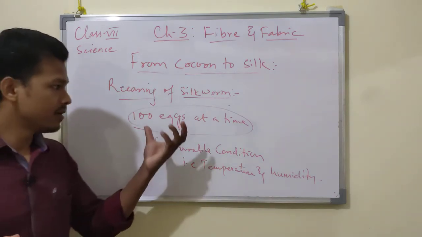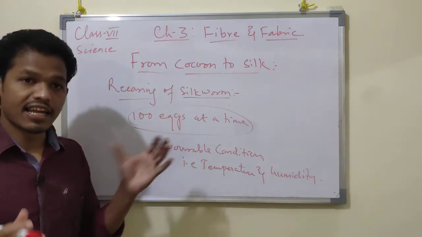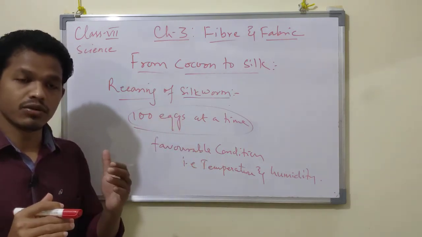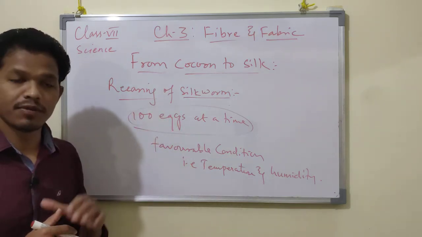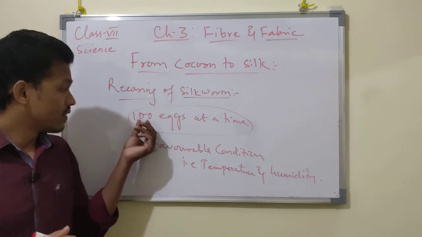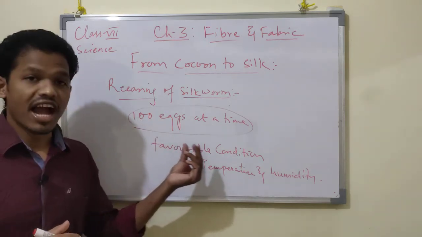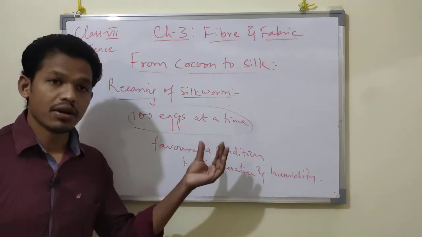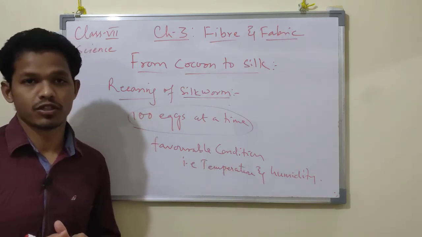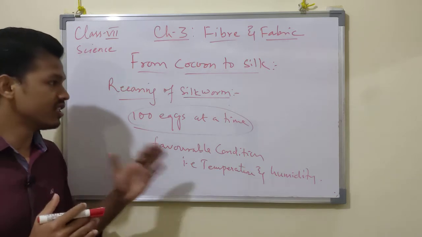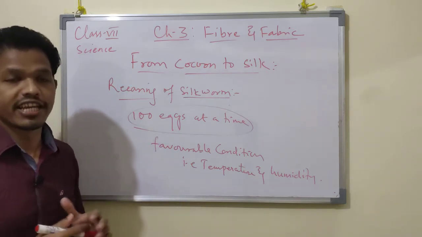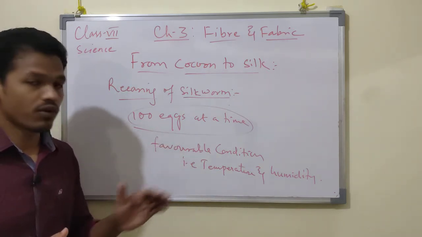The eggs laid by the female silk moth are kept in a hygienic condition and taken care of by the farmers who are cultivating this sericulture. After that, what happened?